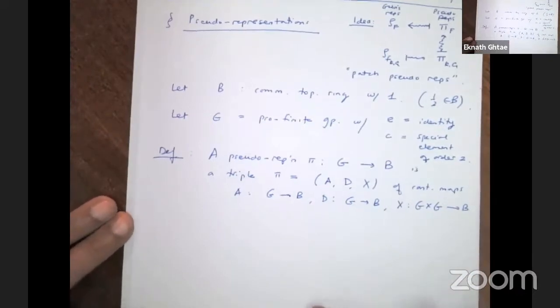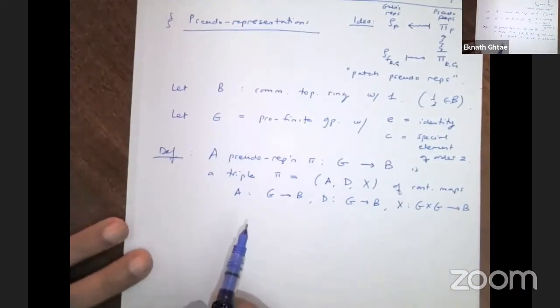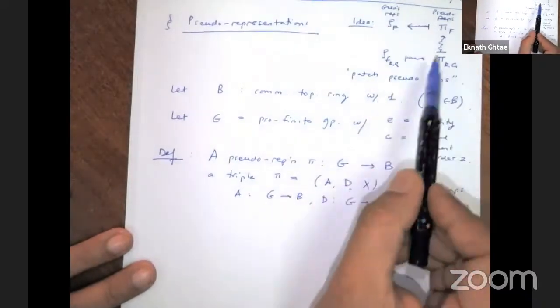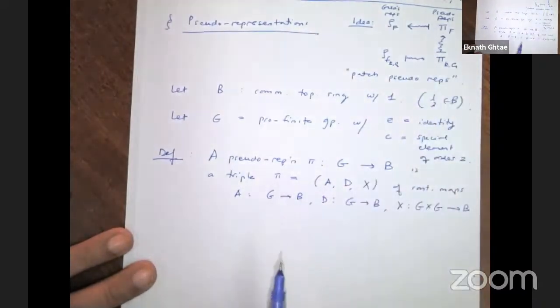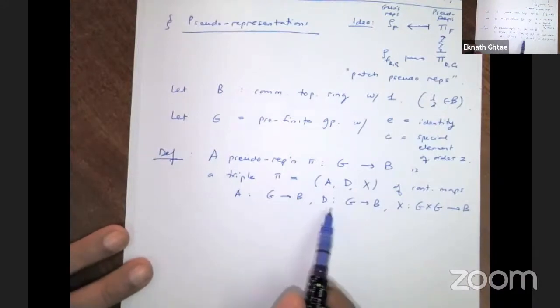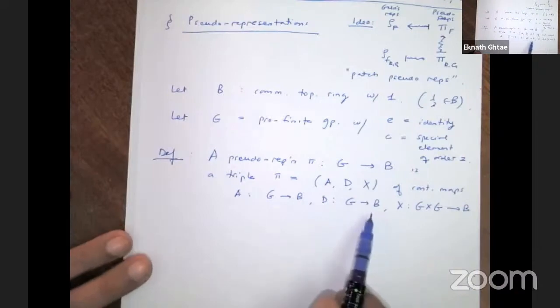Okay, so this is already looking a bit scary, but it's not. What these functions are going to be: remember I said if you're given a genuine Galois representation, it's very easy to attach a pseudo representation. So this capital A function is just going to be the top left corner of the matrix. And this capital D will be the bottom right corner of the matrix.